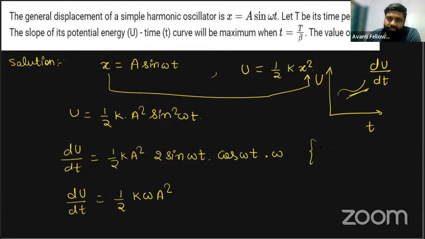Let me write it here. So we can write this 2 sin omega t into cos omega t as sin 2 omega t.